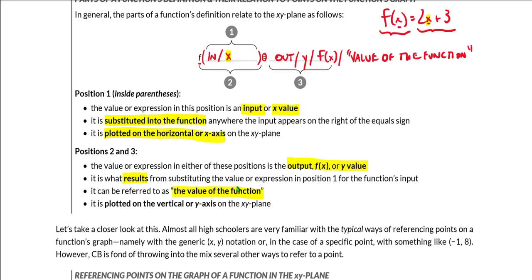They will say something like, what is the value of the function when x equals 2? They are simply asking you what the y value is, or what the result is, or what the output value is. And of course, as I just mentioned, we do plot the value of the function on the y-axis. Our y coordinate represents the value of the function at a particular x value.